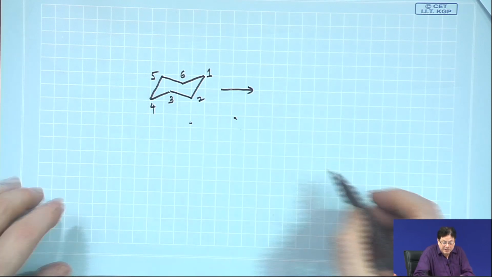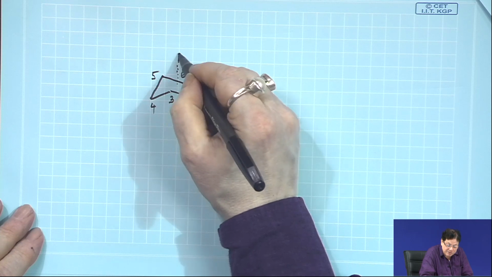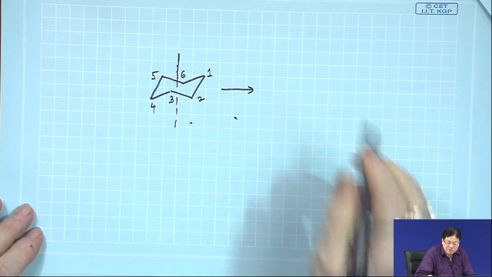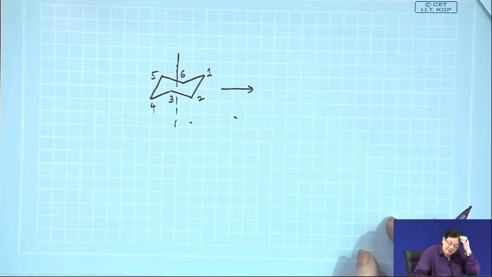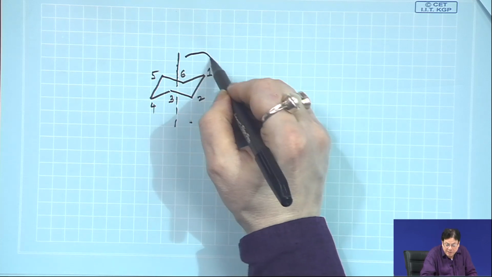Now, if you rotate the chair form, along which axis? You have a C3 axis, or you have an S6. So you can rotate it by, say, 60 degrees.